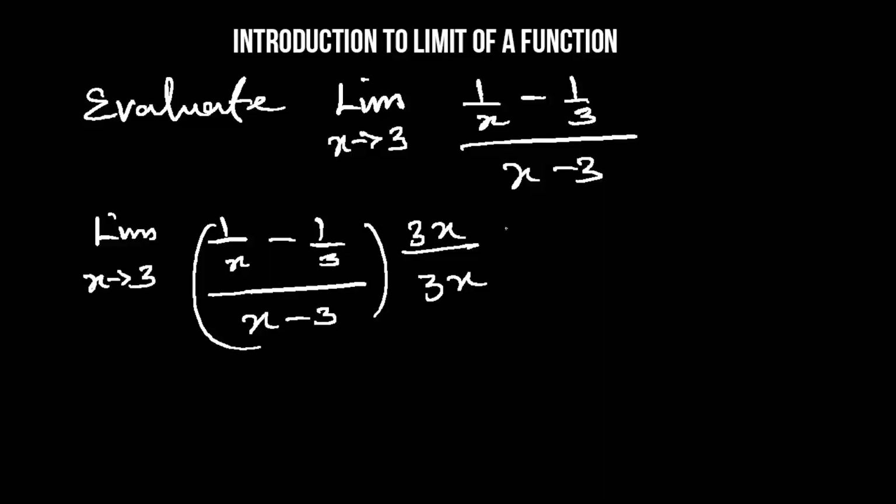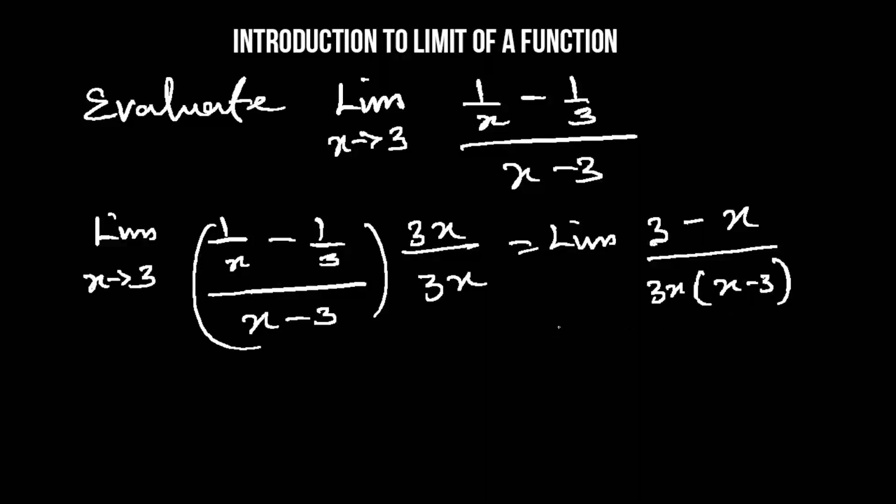If we do this, 3x times this will give us 3, minus 3x times this will give us x, divided by 3x into bracket (x minus 3). Don't bother to open the bracket, because if you open the bracket with 3x, that would be an unnecessary repetition.